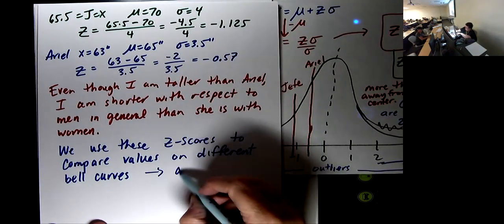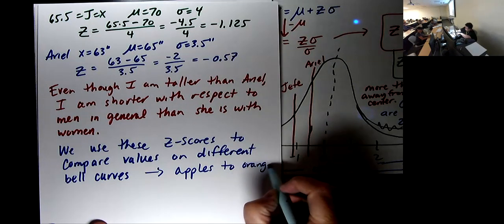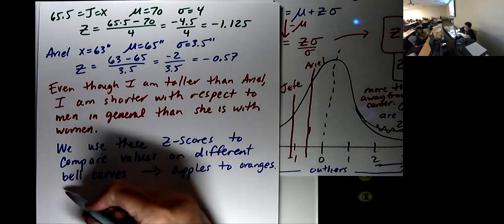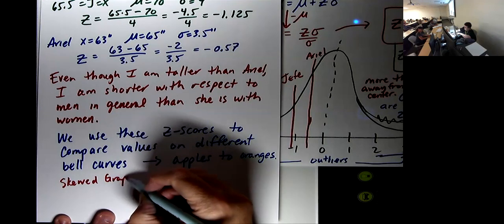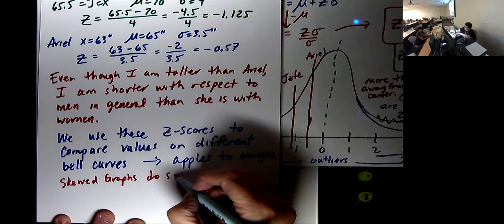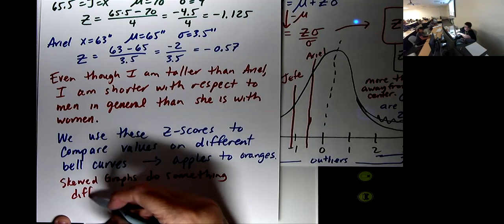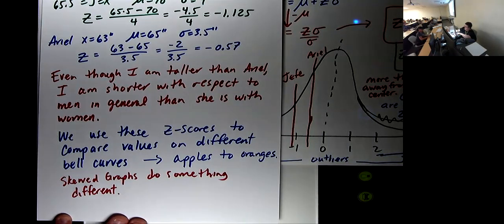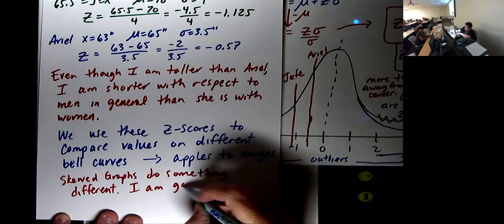Finally, we can compare apples to oranges. Skewed graphs, we do something different. But before I tell you what those are, I'm going to explain percentiles and quartiles first.